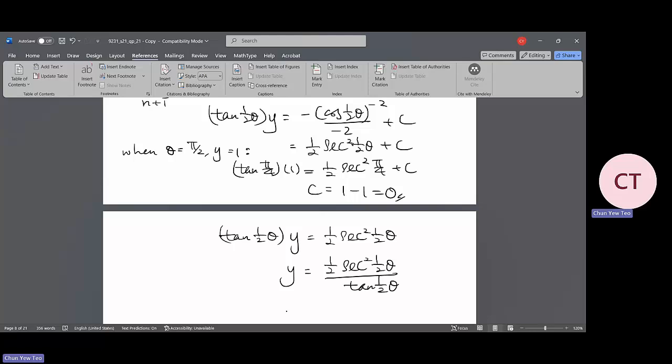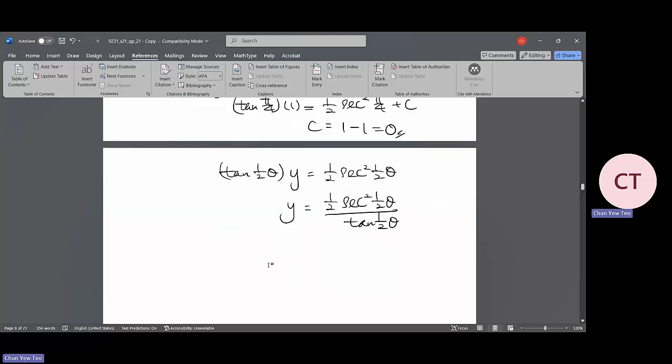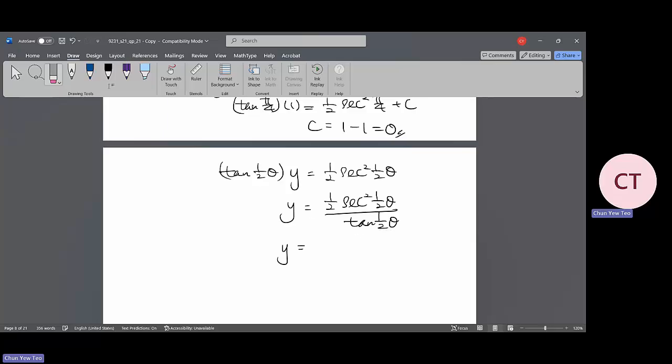Over here, I think we can still simplify the trigonometric expressions. It's up to you, because actually this is not wrong as well. The answer is not wrong. It's just that if we can simplify further, we will try to simplify further.